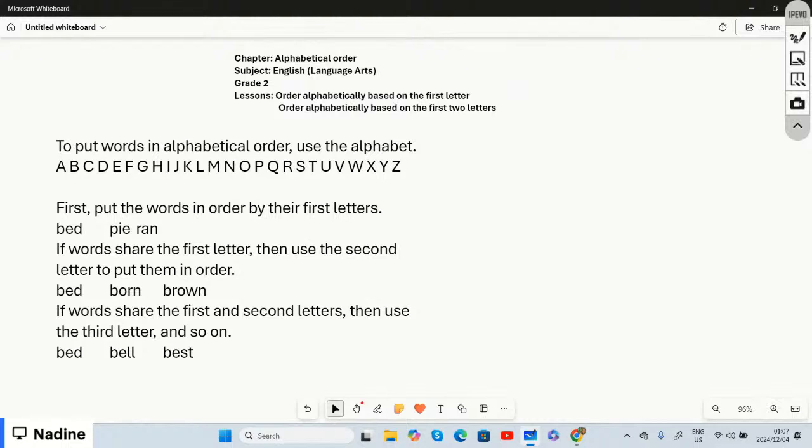And then the lessons that we are going to be focusing on under the chapter of alphabetical order are to order alphabetically based on the first letter, and to order alphabetically based on the first two letters.